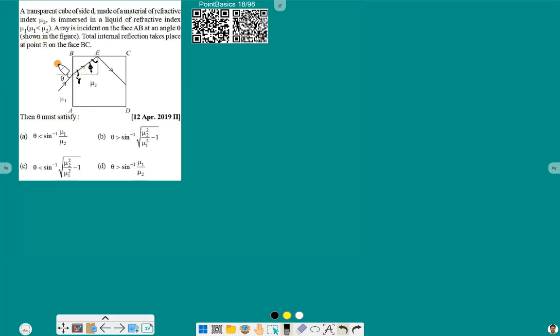Now at this point we can write Snell's law, that mu1 into sine of theta is equal to mu2 into sine of gamma, and from the figure gamma plus phi is equal to 90, or gamma will be 90 minus phi.